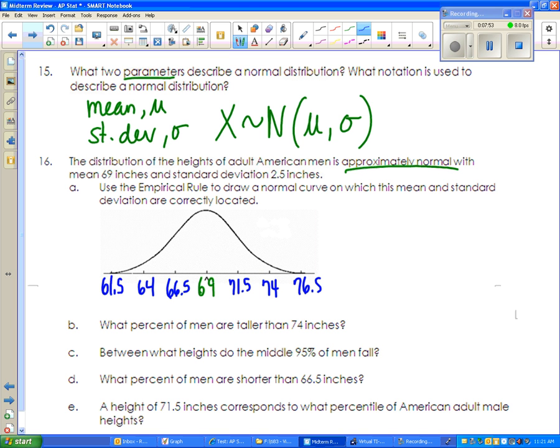It says to use the empirical rule to draw a normal curve on which the mean and standard deviation are correctly located. I'm also going to illustrate the empirical rule. So we know that within 1 standard deviation, 68% of the data falls under the curve. With 2 standard deviations, now we're looking at 95% of the data, or 95% of the observations.